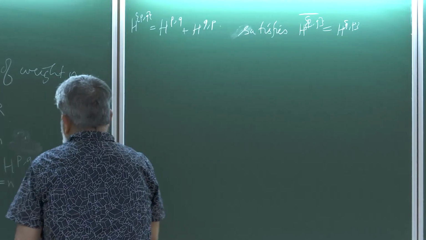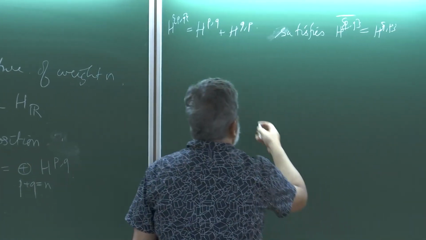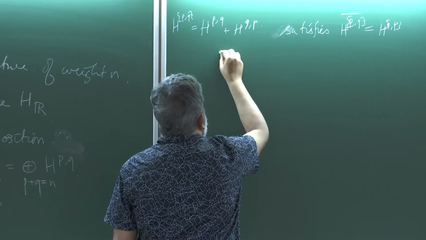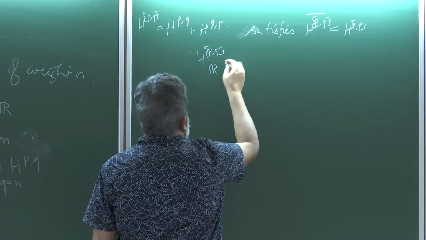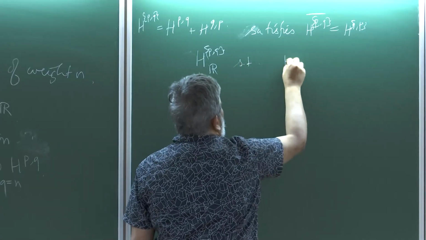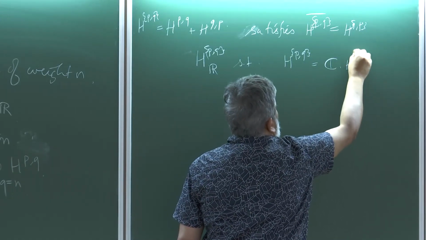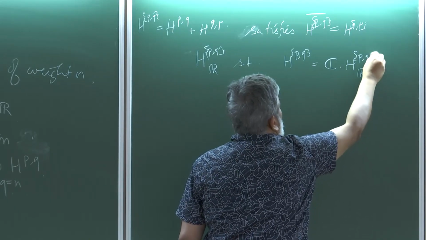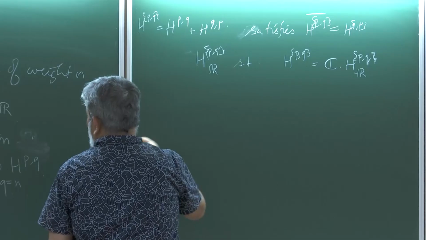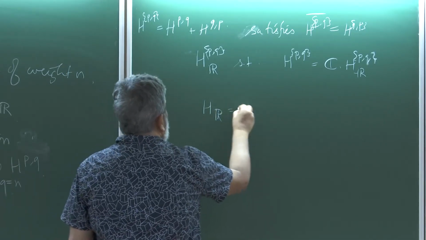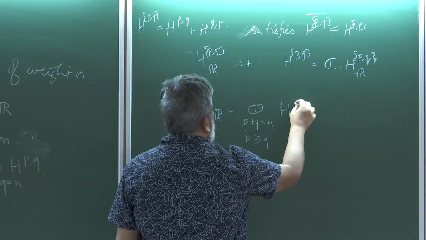And that means that, anytime you have a subspace of a space which is obtained by extension of scalars, if a subspace satisfies this, that means there is a space H^{PQ}_R such that H^{PQ} set is nothing but C times H^{PQ}_R. In other words, it has a basis which is contained inside H_R. Right? So you could also write this decomposition as H_R is equal to the direct sum over P plus Q equal to n, P greater than or equal to Q, of H^{PQ}_R.